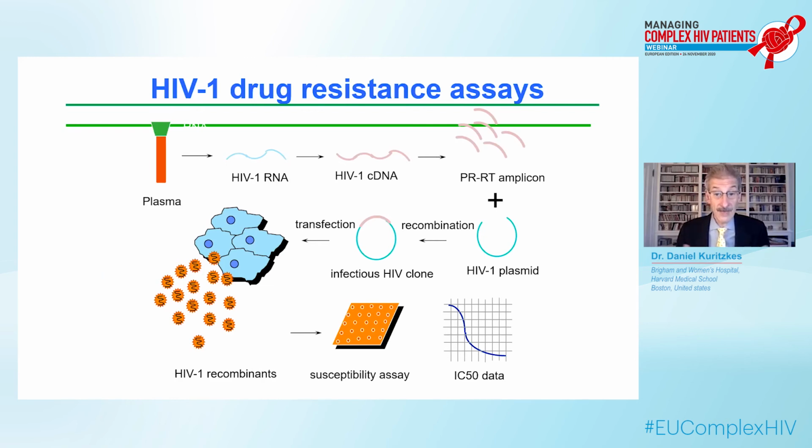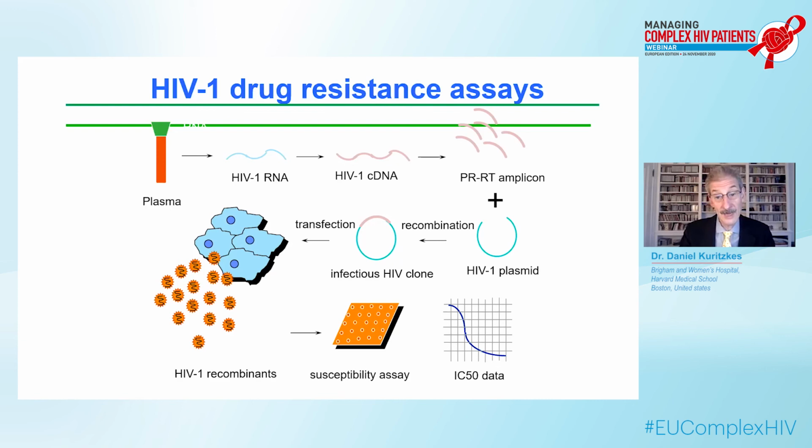How is it that we actually get a resistance test done? Well, a sample of plasma is obtained, and from the plasma, viral RNA is extracted. It's converted to complementary DNA by reverse transcription in the test tube, and then that cDNA can be amplified by PCR to generate amplicons either of the protease and RT region, or the integrase region, or the envelope.